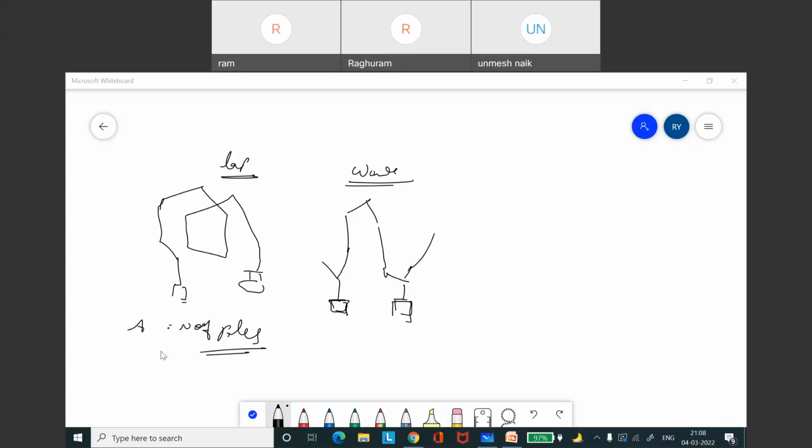Okay? And here, in case of a wave winding, the number of parallel paths is equal to 2. It's always 2, irrespective of the number of poles. And in case of a lap winding, equalizer rings are used. This is our armature. A general armature is cylindrical in shape.